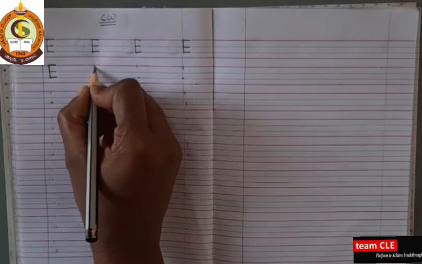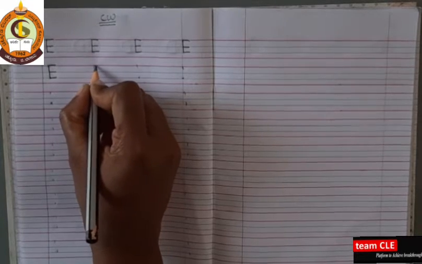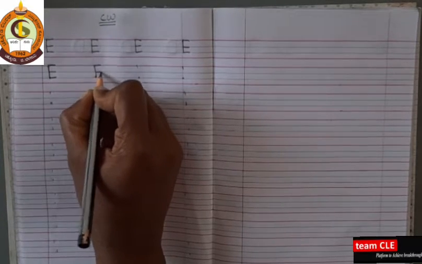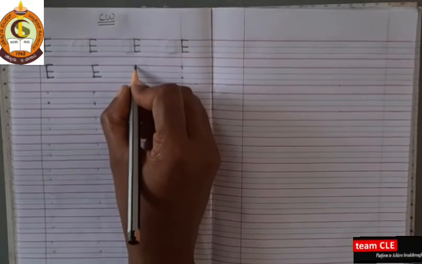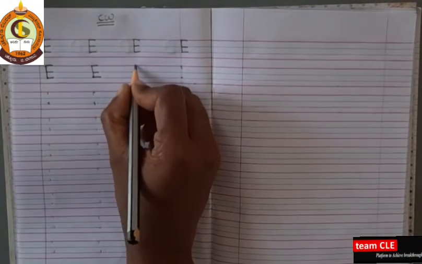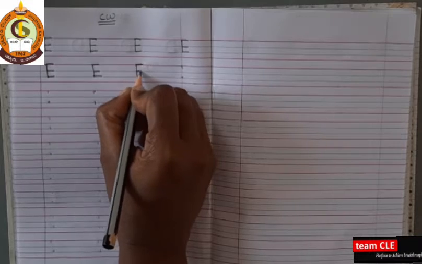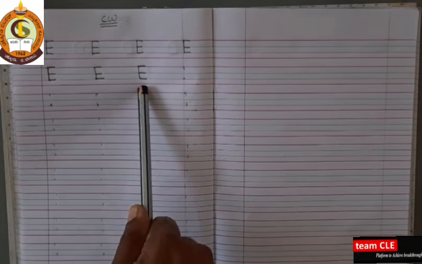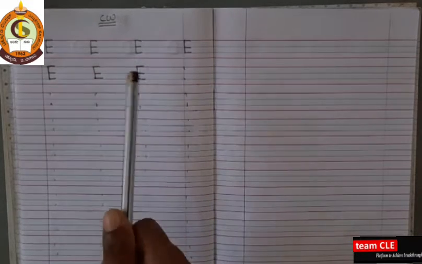Next, same here also. Standing line, sleeping line, sleeping line, sleeping line. Letter E. E for egg. Next, same. Standing line, sleeping line, sleeping line, sleeping line. Letter E. E for eagle.